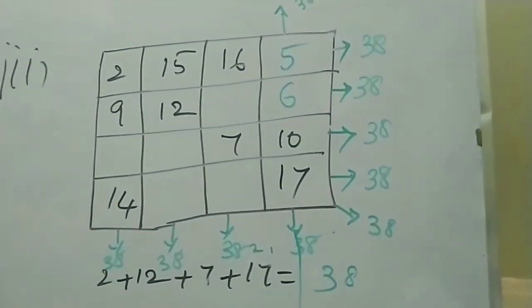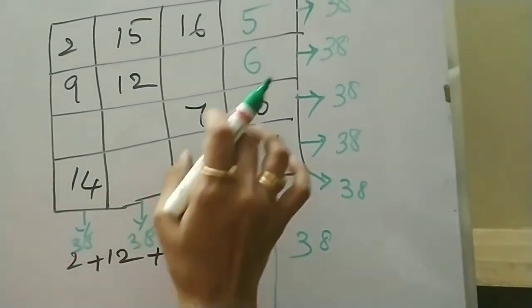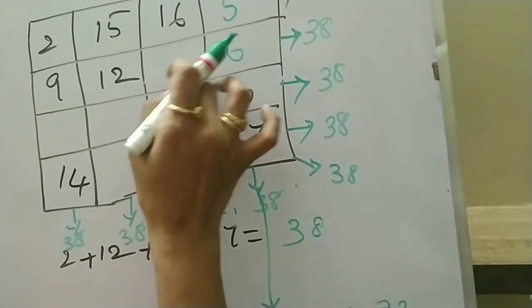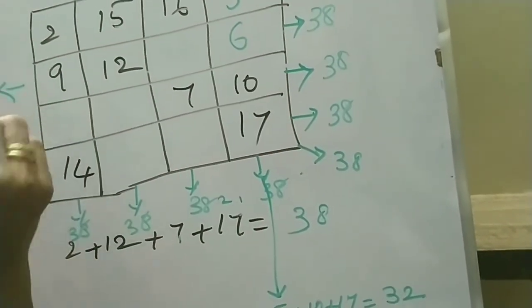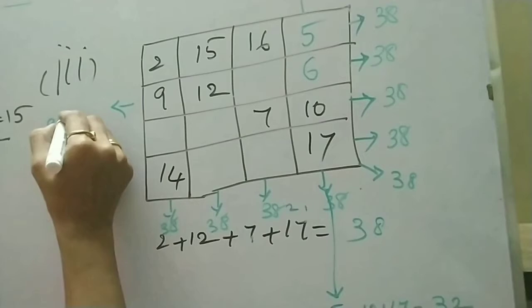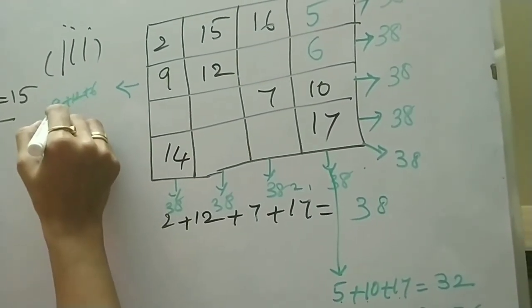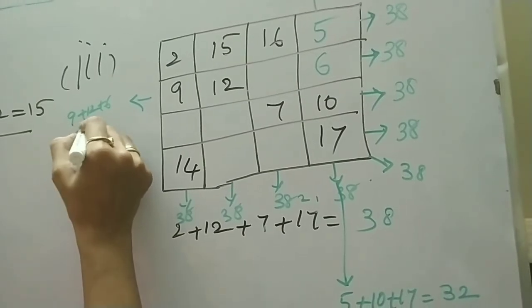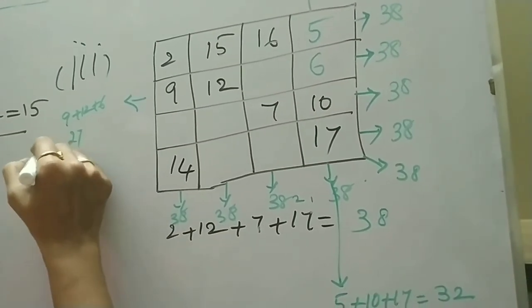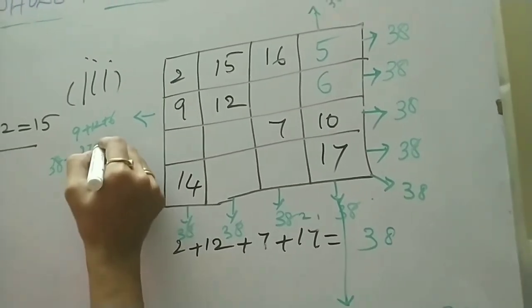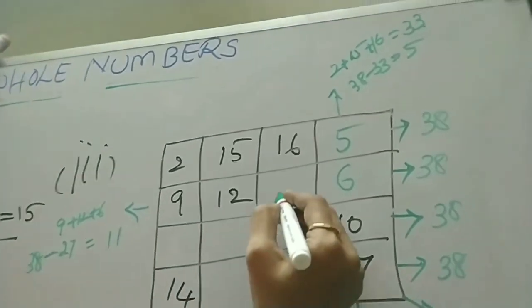Okay. And after filling this one, I will fill this line. See, 9 plus 12 plus 6. How much? 12 plus 9, 21 plus 6, 27. So this we have to subtract from 38. How much here? 11.